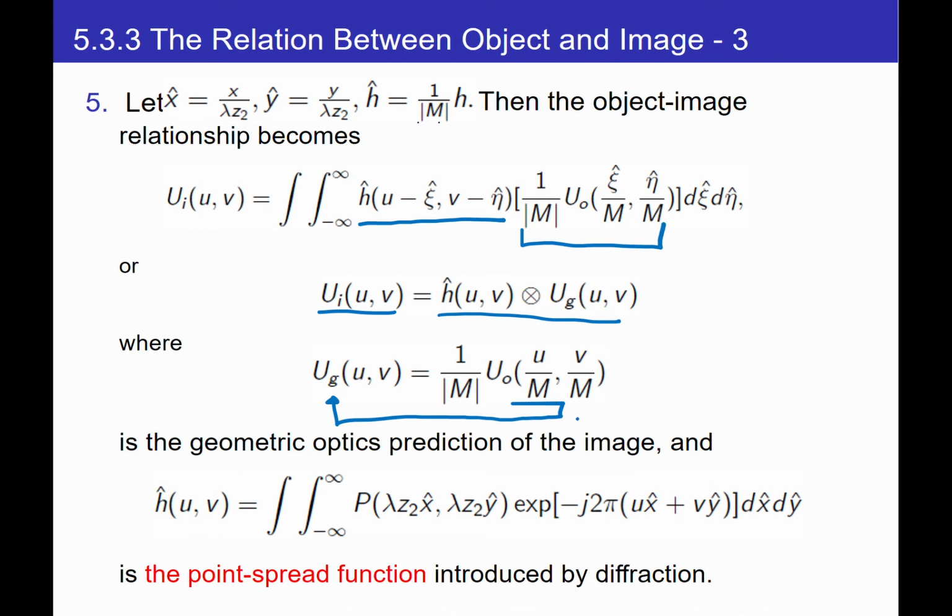So here, what we can say is that the normalized H is nothing but this, the point spread function introduced by the diffraction of the lens. Pupil function, and this is the Fraunhofer diffraction.